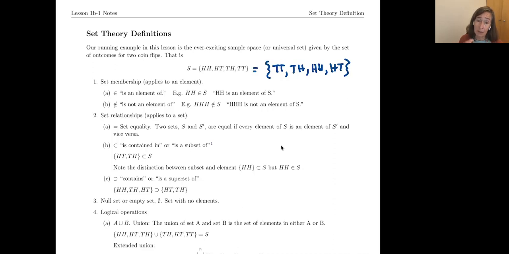Another difference between sets and matrices, which are also collections of things: in a set, the element is either in it or it's not. There's no such thing as being in a set twice, okay? So if we by mistake wrote something like, or we're going through some kind of derivation and ended up with TT in here twice, it's redundant.